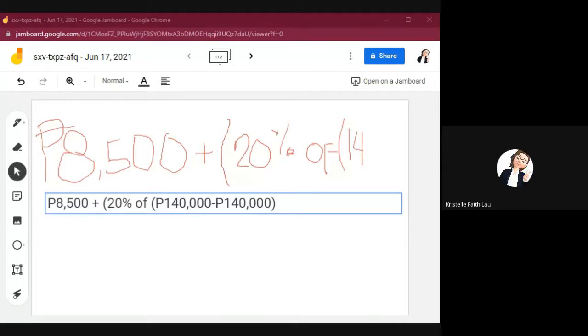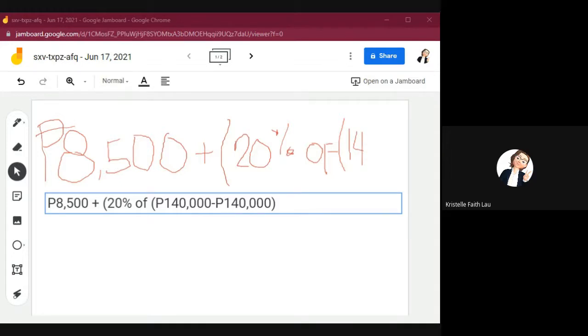So, now let us proceed to the other topic because there are only 40 minutes left. Next, a non-resident alien individual engaged in trade or business in the Philippines is also subject to income tax in the same manner as an individual citizen.